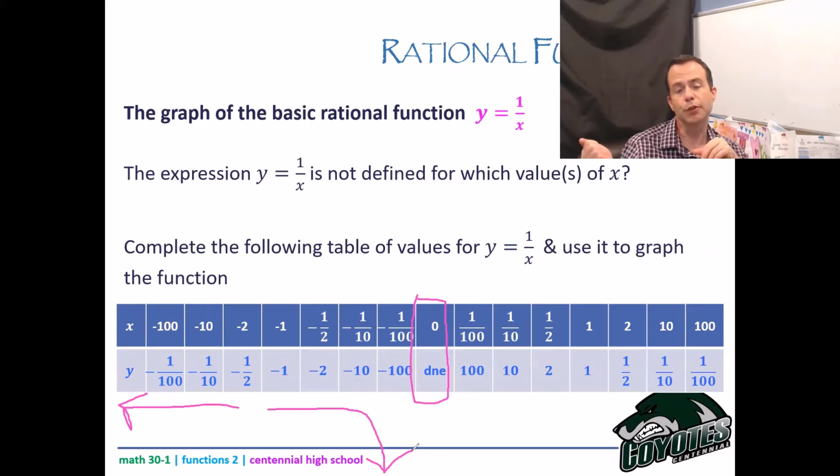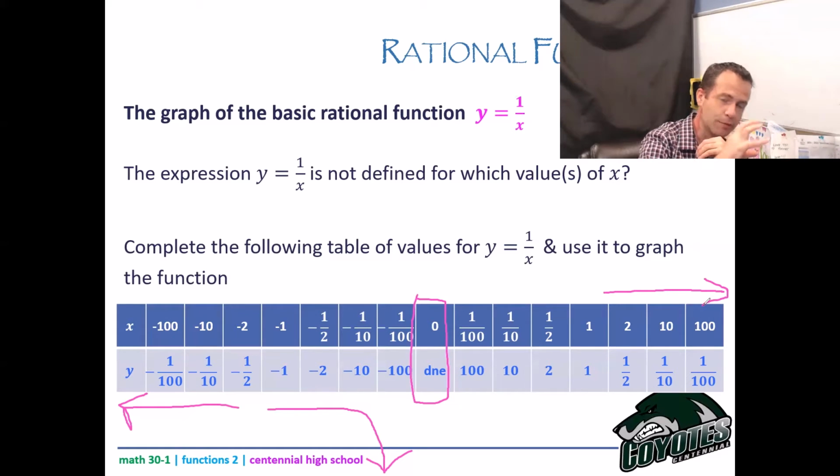Now, let's go to the positive realm. Again, I want to go to when x is approaching infinity first. As x approaches infinity, my y values again are getting closer and closer to 0. And so that speaks of a horizontal asymptote on that side. Then if I look at approaching 0 from the positive side, that's called a limit, by the way, when we get into calculus.